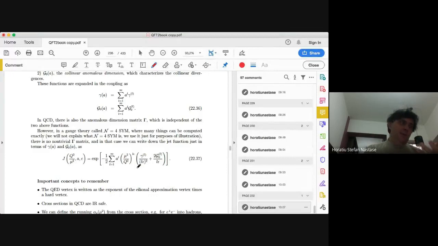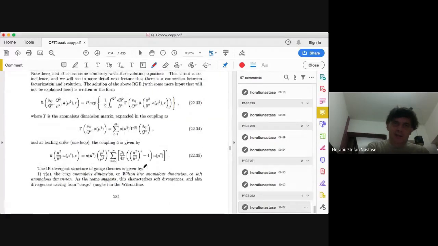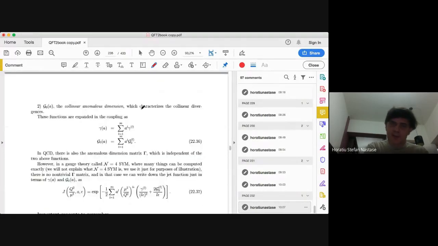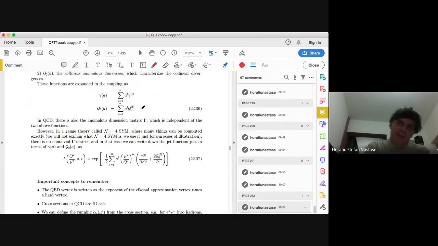However, for simplicity's sake, just to give you a flavor: up to now I showed you a formula for S, but I didn't say anything for J. To say anything for J, I need to restrict myself to a very special gauge theory called N=4 super Yang-Mills, where many things can be computed exactly. I'll not explain what this is.